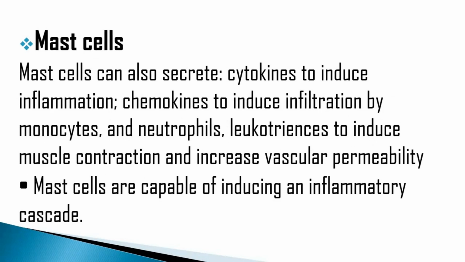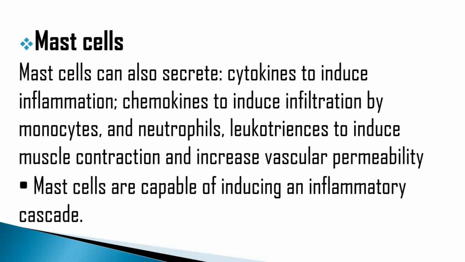Mast cells are white blood cells that will secrete chemicals called cytokines. So cytokines will also cause your body temperature to go up because they will induce inflammation. Mast cells specifically will produce chemicals called chemokines.